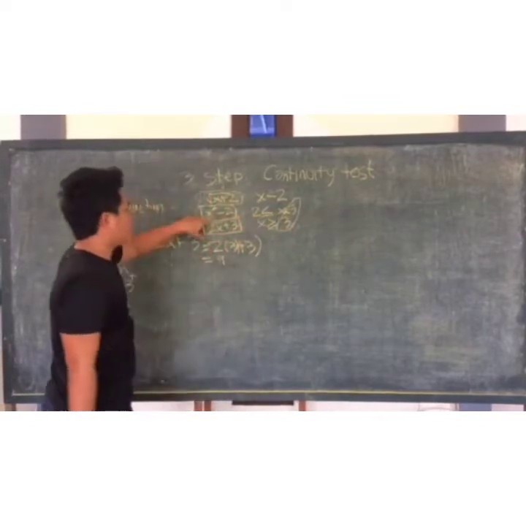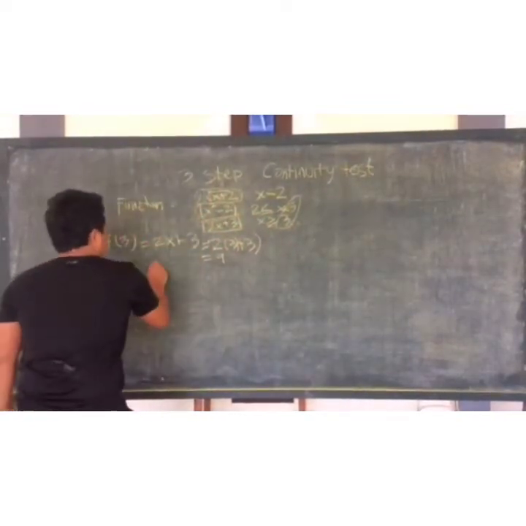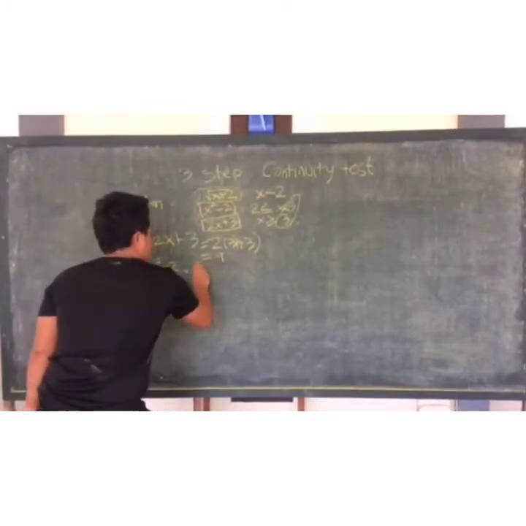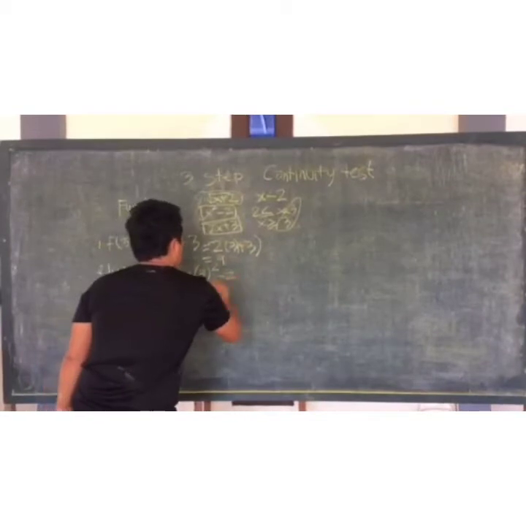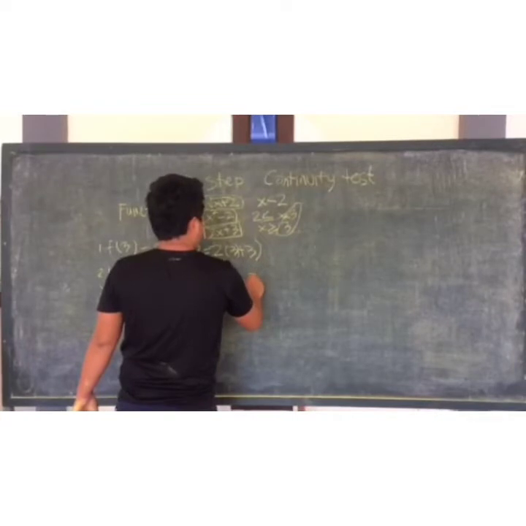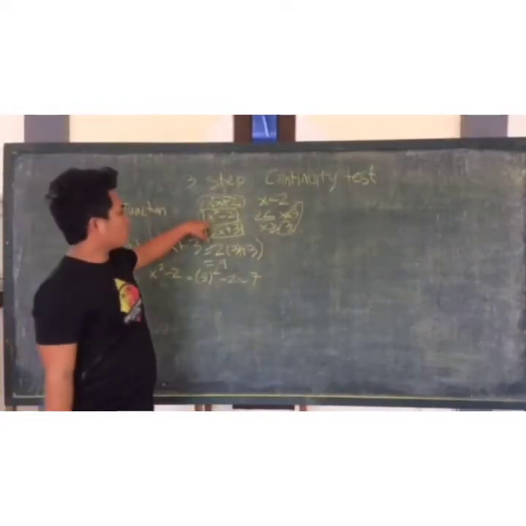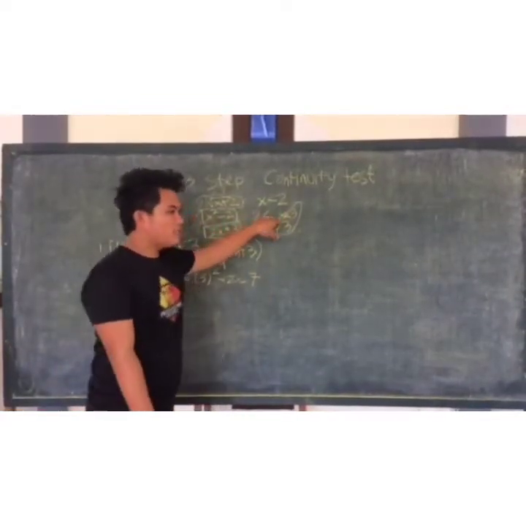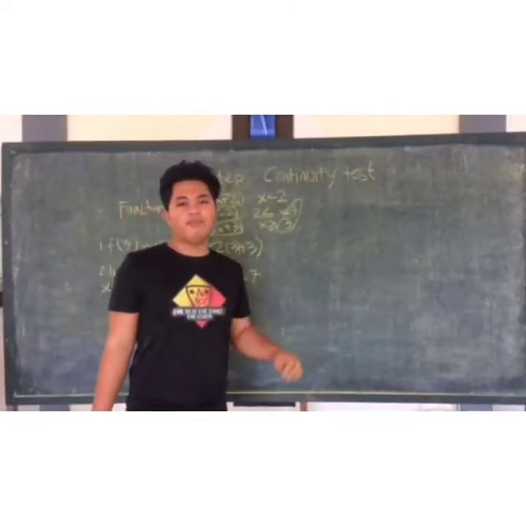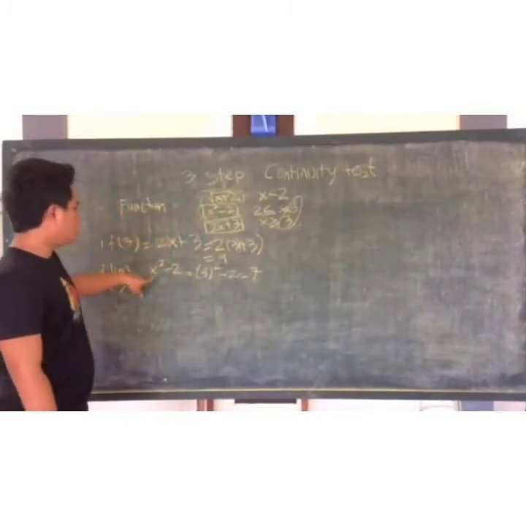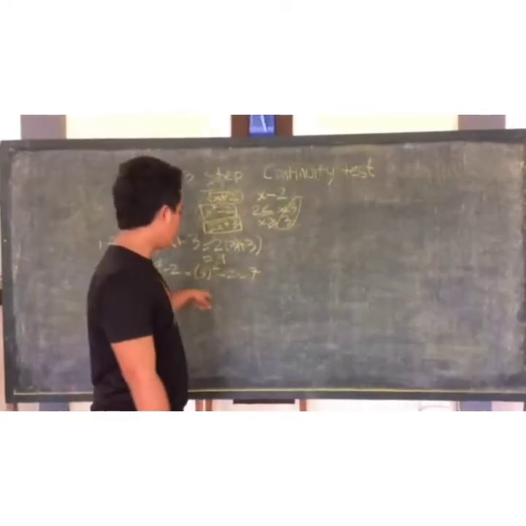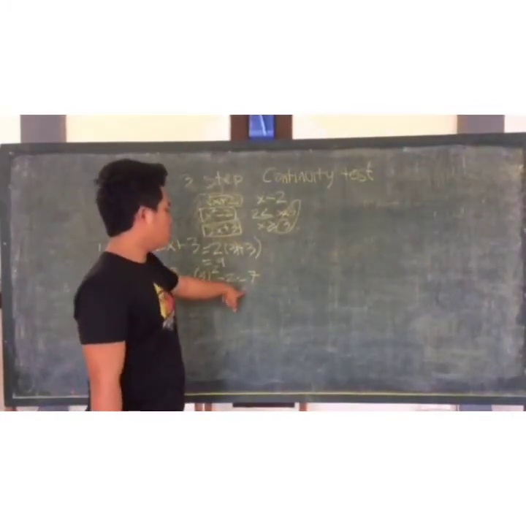Substituting 3, 3 squared minus 2 is equal to 7.